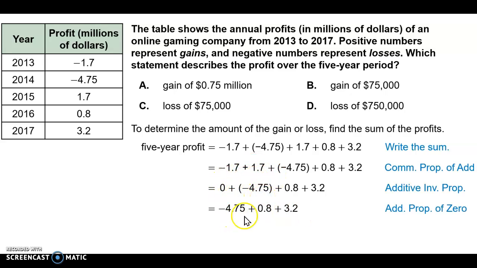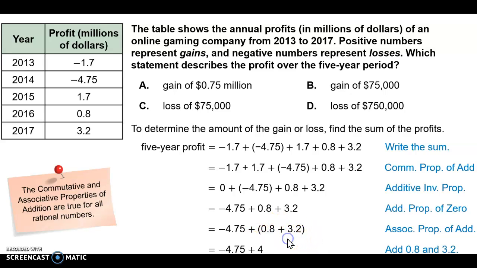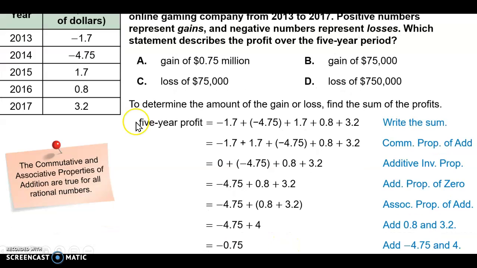So now we've got these three. So what you could do is add the positives up. So you can use the associative property by using parentheses. Add those up, and we end up with 4, and we have a negative 4.75. So when I subtract those, you end up with negative 0.75.